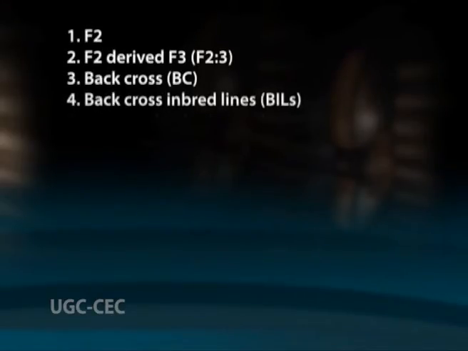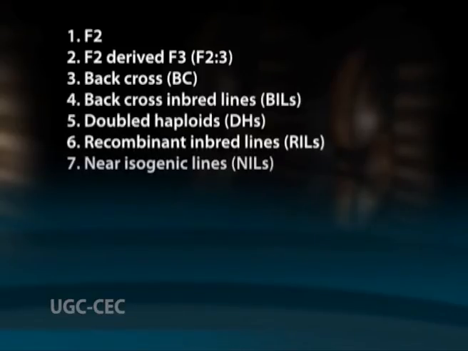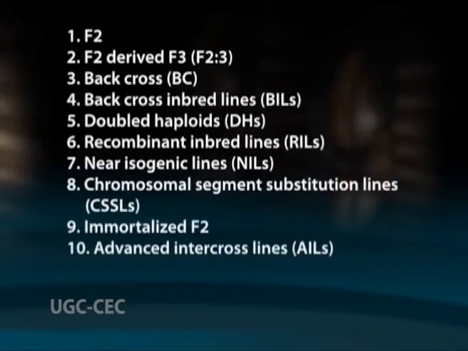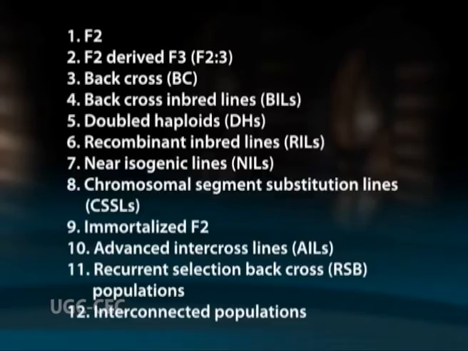The primary mapping populations are of the following different types: F2, F2 derived F3 or F2:3, backcross inbred lines, doubled haploids, recombinant inbred lines, near isogenic lines, chromosomal segment substitution lines, immortalized F2, advanced intercross lines, recurrent selection backcross populations, and interconnected populations.